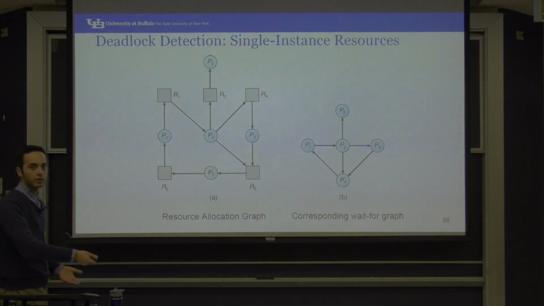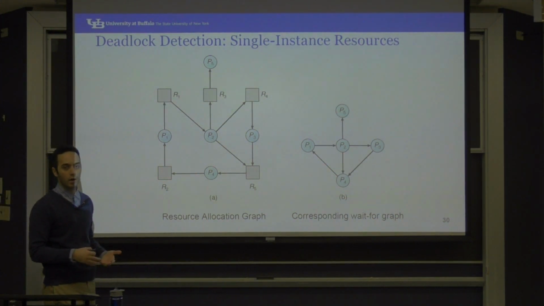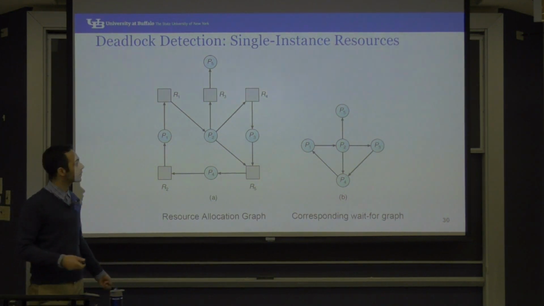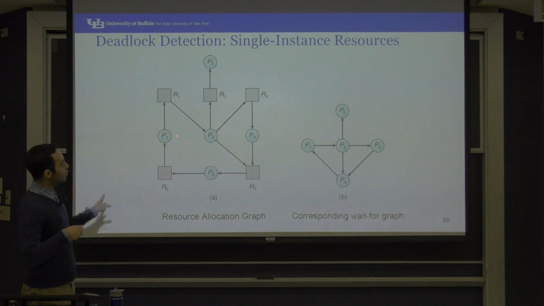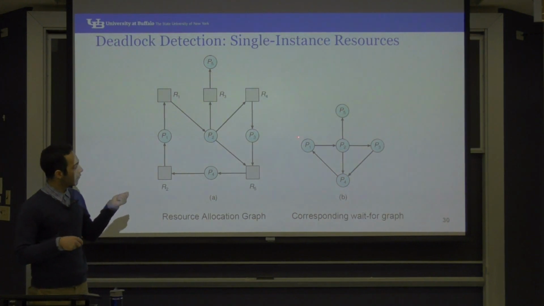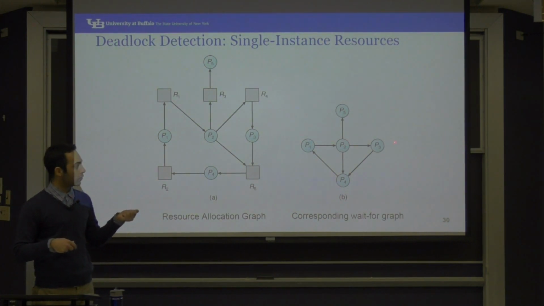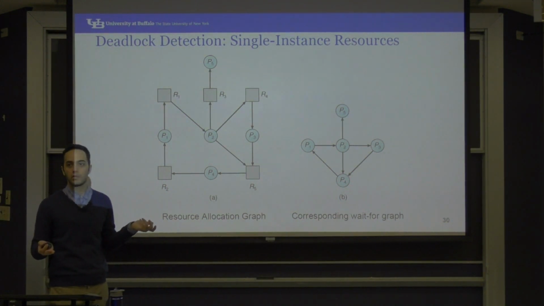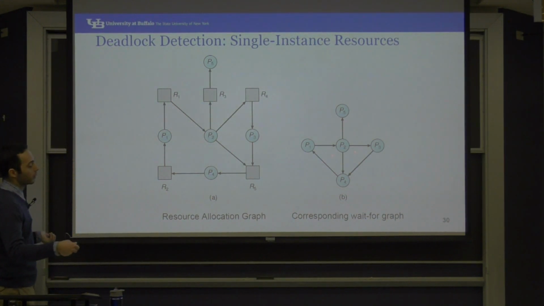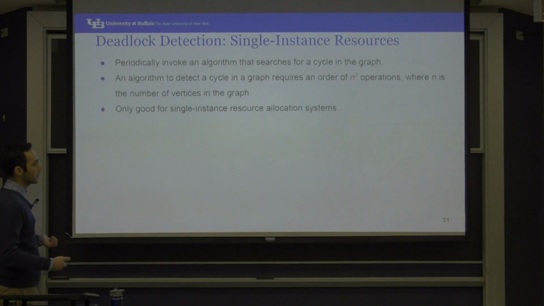Processes are waiting for processes because all the resources are single instance and they're held by some processes. So now if you turn your resource allocation graph into a wait-for graph, it is very easy to find a circular wait. If P1 is waiting for P2 and P2 is waiting for P3 and P3 is waiting for P4 and P4 is waiting for P1, that's a deadlock. That's the detection. Easy, right? So in this instance, we have P1, 2, 3, and 4 in a deadlock state.